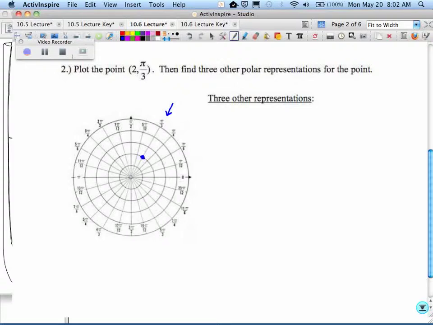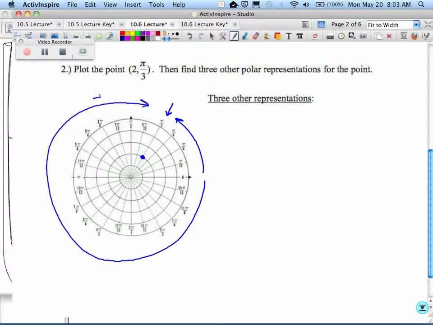Now, that was starting at 0, going in the positive direction to pi over 3. How else could I get to that blue arrow by going in the negative direction? If I go all the way around in the negative direction, what is it? -5 pi over 3 or -300 degrees.